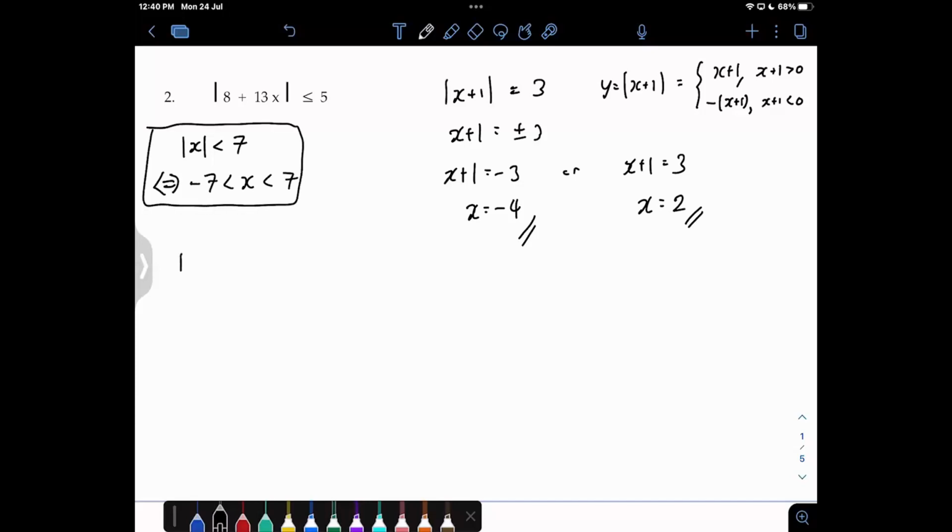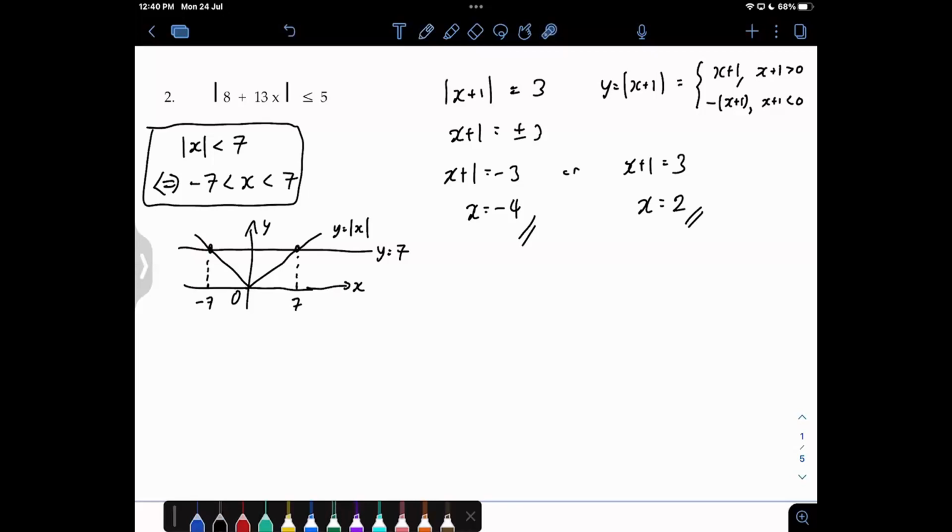Okay. Why? What does it mean? So draw the graph. How does modulus x look like? It looks like this. Where is 7? Y equals 7. So they intersect here and here, which is at negative 7 and positive 7.